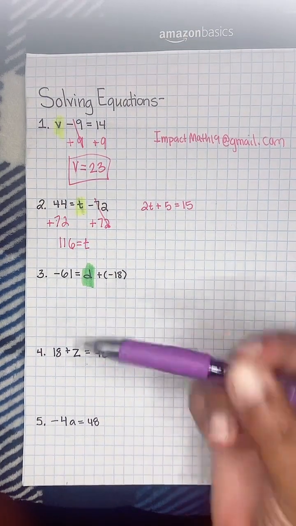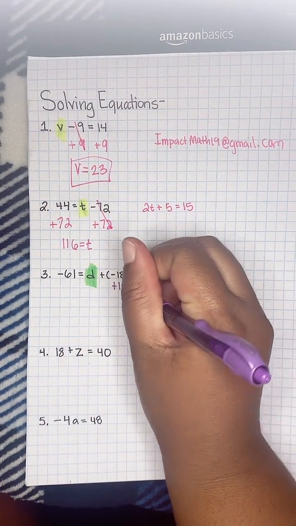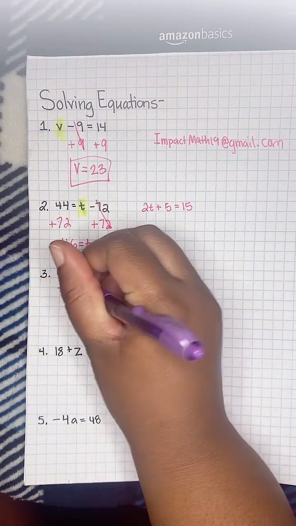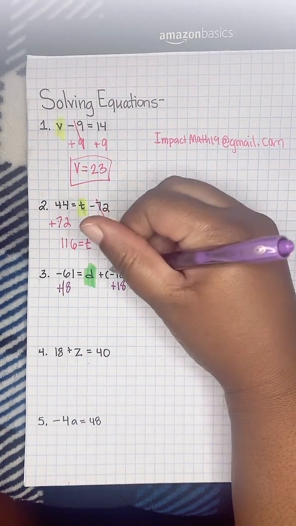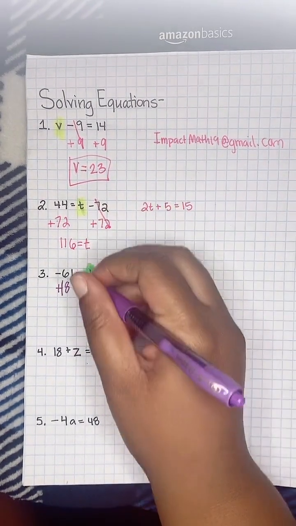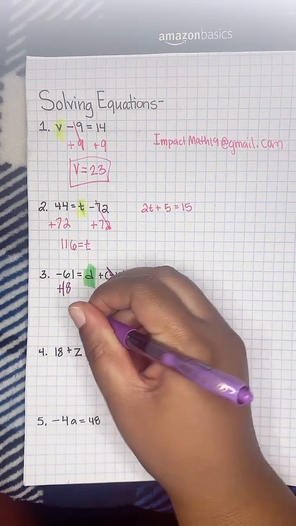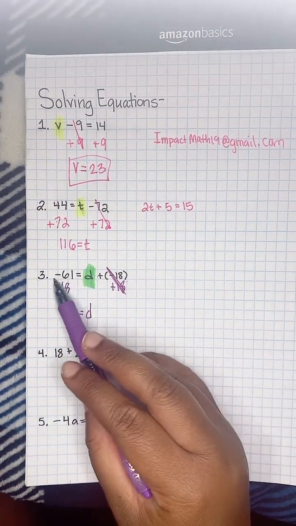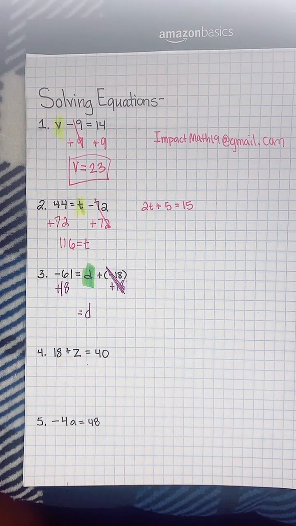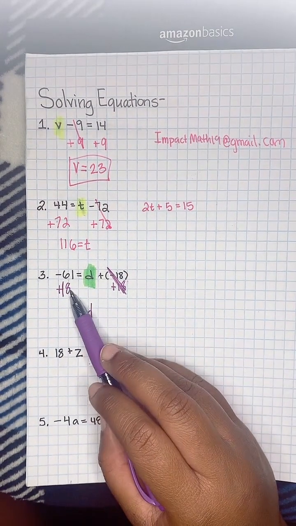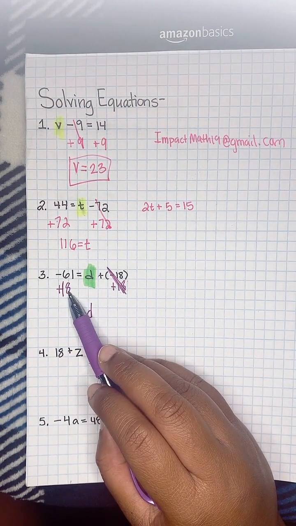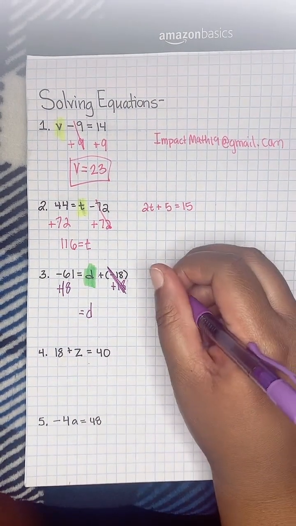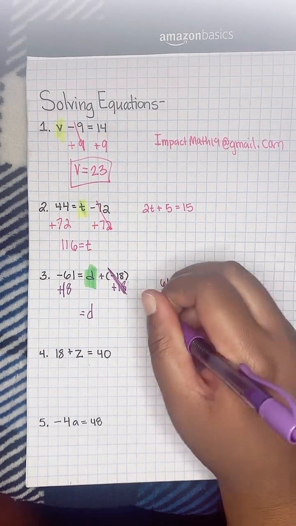The opposite of the negative. Well, I'm going to add 18 to both sides. And then this cancels. So we drop down, we have d equals. Okay, now d is by itself. So now we're going to do negative 61 plus 18. So we're down 61 and we're going to add 18. So really we could do 61 minus 18.